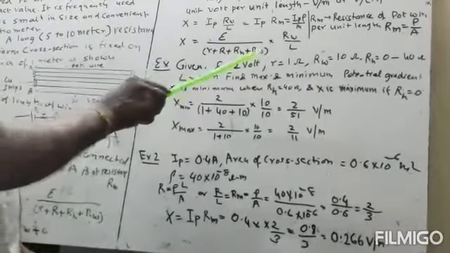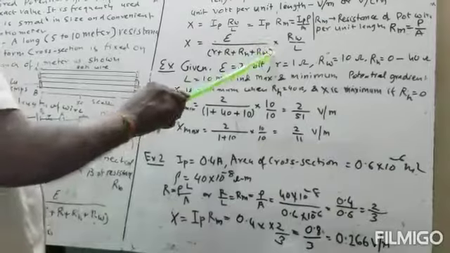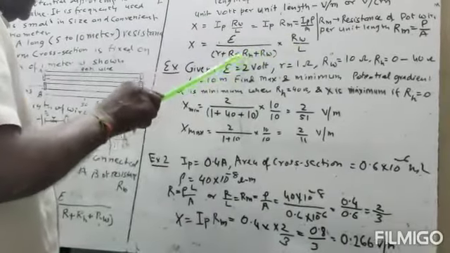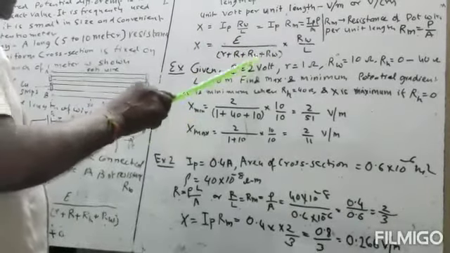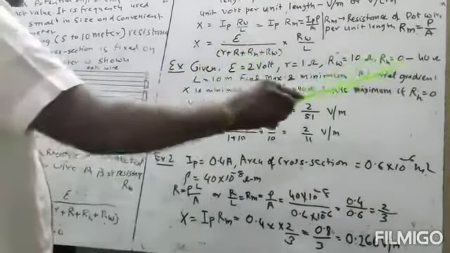Since RH is in the denominator, X will be maximum when RH is equal to 0. X will be minimum when RH is equal to 40.